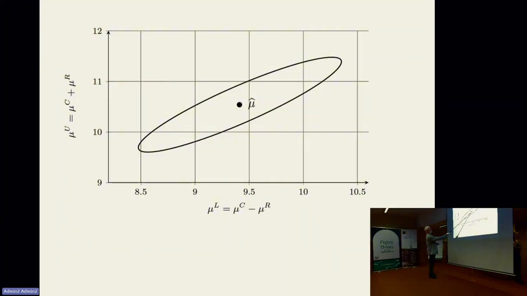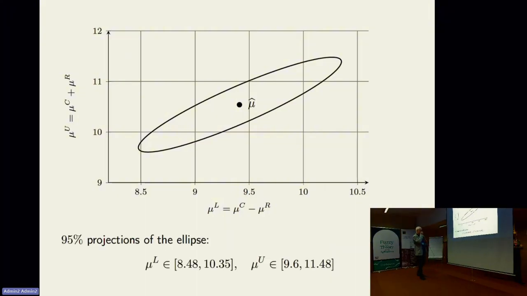This is X bar. And this area is simply this ellipsoid. For example, if my lower bound is 9, the upper bound could be somewhere from there. In general, for any data set, I can also consider the projections of this ellipsoid either here or there.